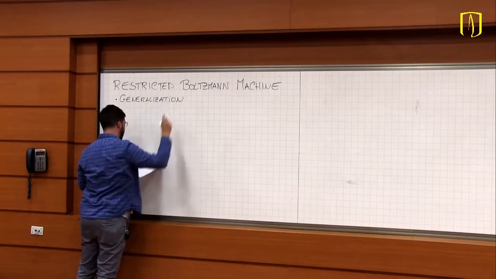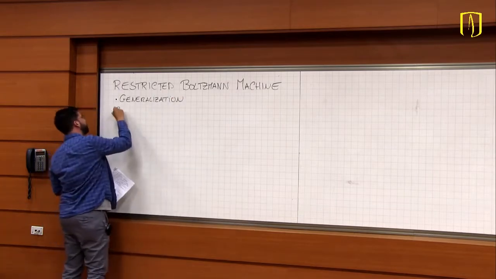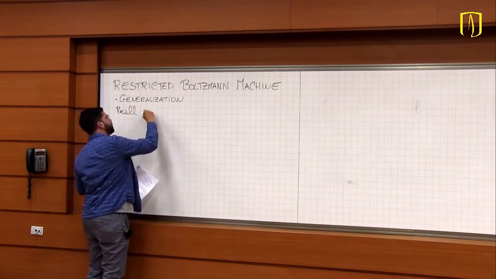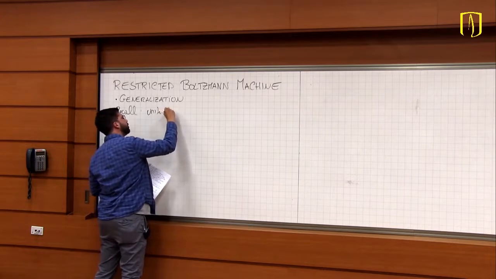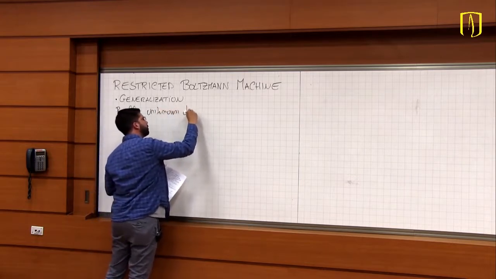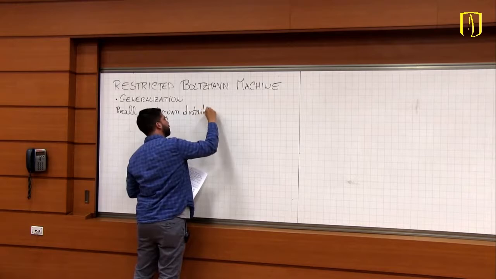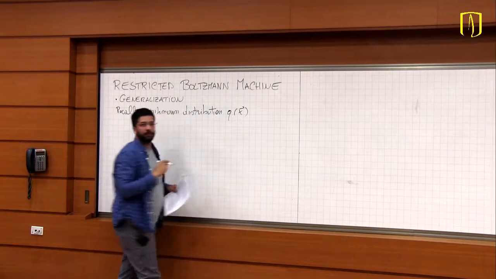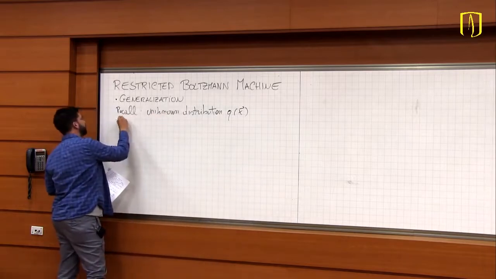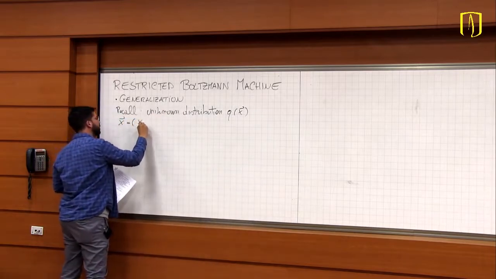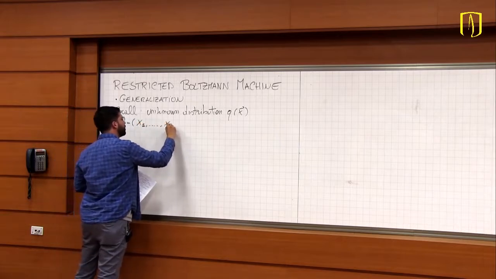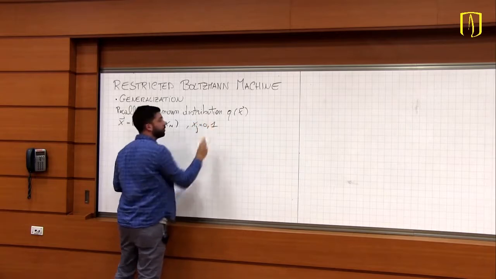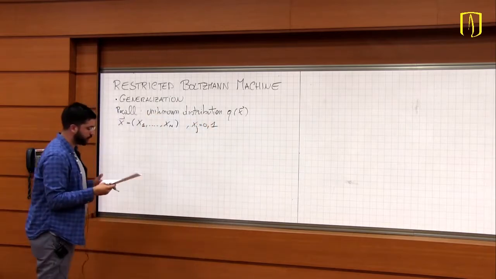So recall, imagine you have an unknown distribution, and we're going to call this Q of X, okay? And X here again is a set of binary variables, X1 to Xn. This could be multinomial, but let's consider binary variables.